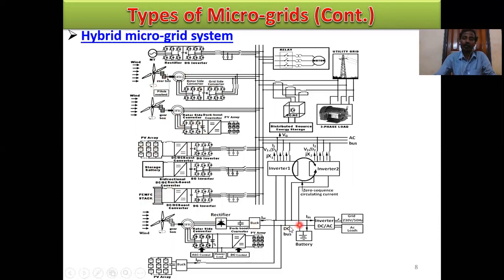On the other side, the DC microgrid, where the sources are doubly-fed induction generator, which is connected to a rectifier, an AC to DC converter, and another section, PV source and buck-boost converter, and this is mainly the DC bus and this is the AC bus. So this type of microgrid is called AC-DC microgrid or hybrid microgrid system.